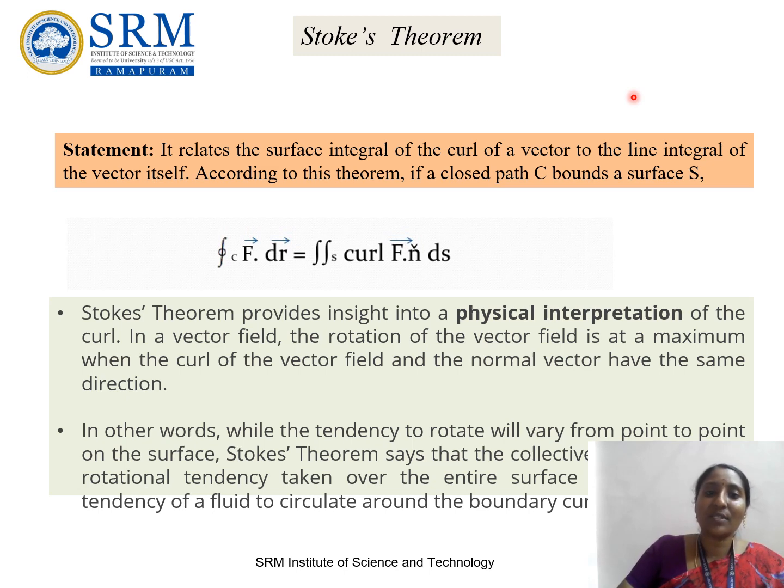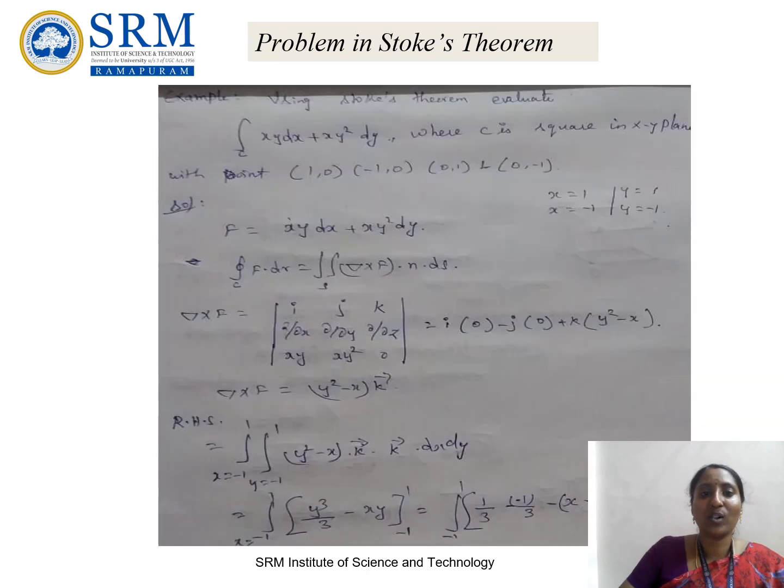Sometimes this theorem is a key tool for mathematical analysis, particularly in the study of differential equations and vector calculus. It is very good to understand this theorem. It enables the conversion of a surface integral into a line integral or vice versa. Accordingly, it is a bridge between differential mathematics and facilitates the calculation. So this is all about Stokes theorem, and we also discuss a problem in Stokes theorem.